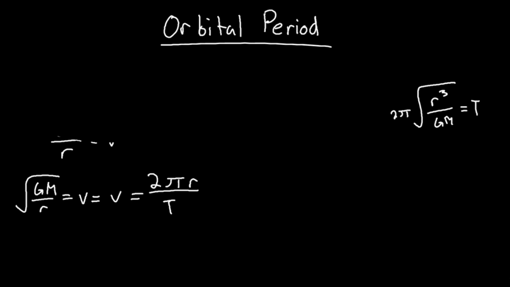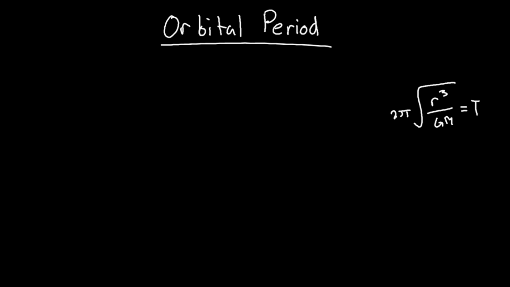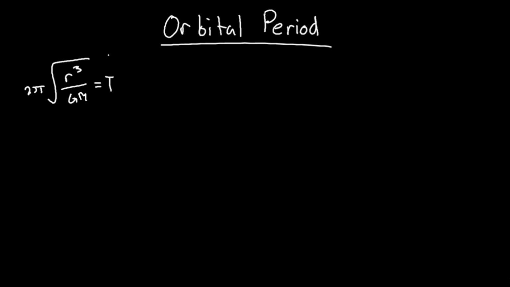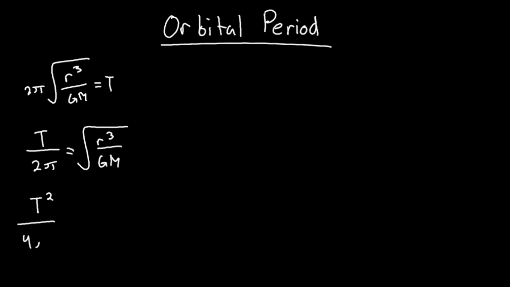This is the orbital period formula. And if you want to isolate r, divide 2 pi on both sides to get the square root of r cubed over GM. Square both sides, so you get T squared over 4 pi squared is equal to r cubed over GM.